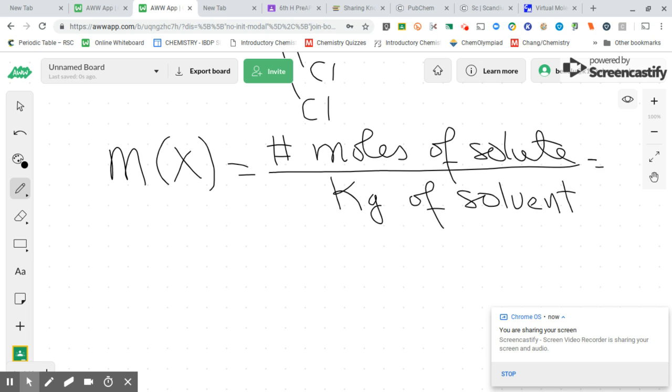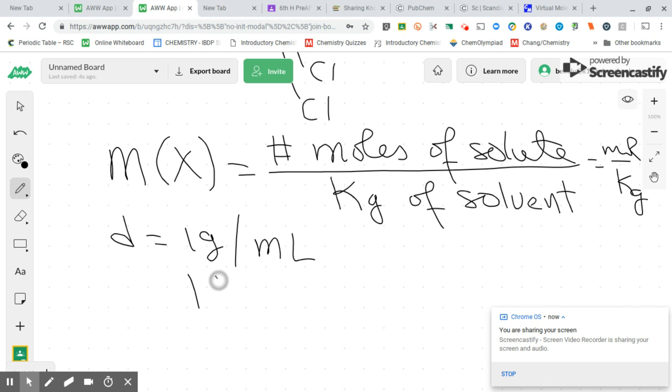And the unit will be mole per kilogram. If you are using water, don't forget that water has a density of 1 gram per 1 milliliter, so 1 kilogram in 1 liter.